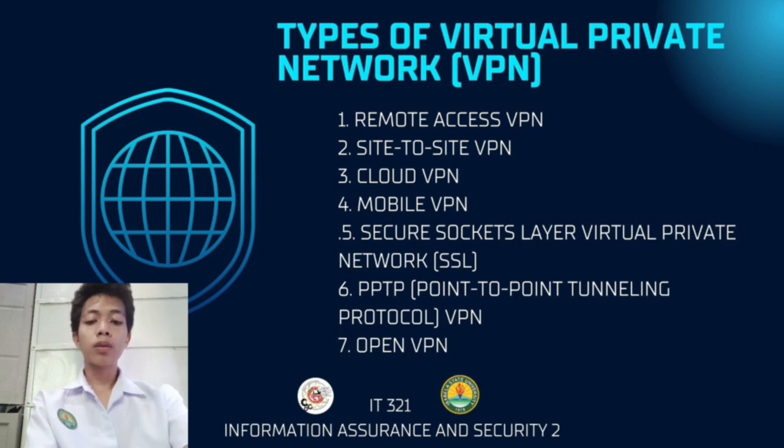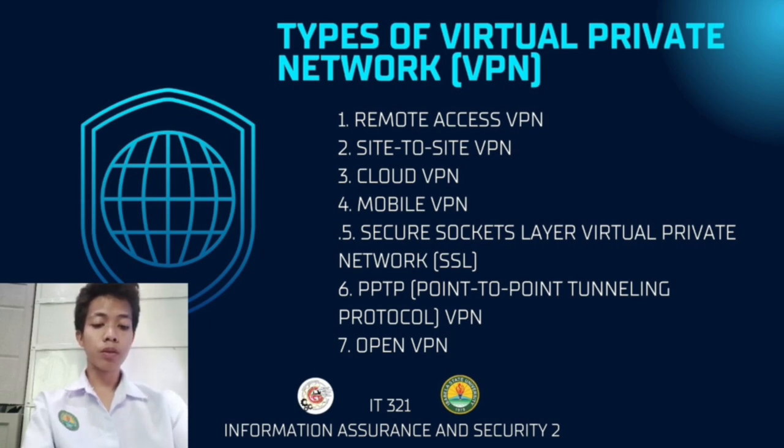SSL or Secure Socket Layer is a protocol that provides security for data transmitted over the internet. PPTP is an older VPN protocol that allows secure data transmission between two devices over the internet.